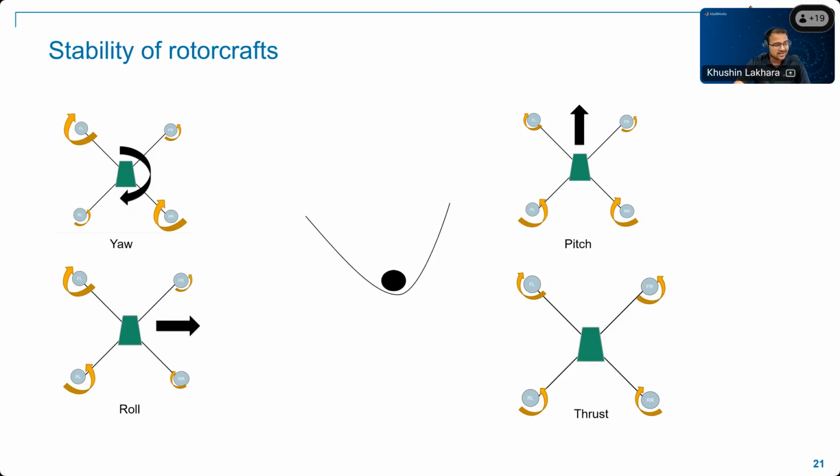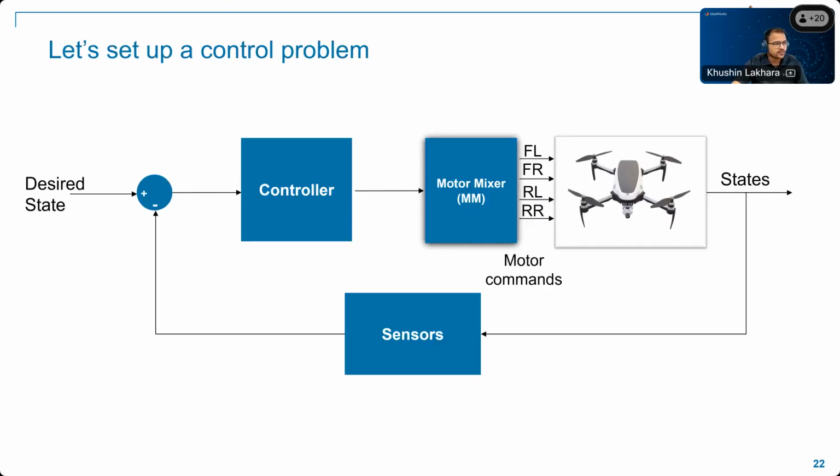Although rotorcraft are unstable, we can control them, and controllability gives us an opportunity to make them stable. Does it make sense that your UAVs are unstable, but they are controllable? So let's move forward and understand how we can actually control them.